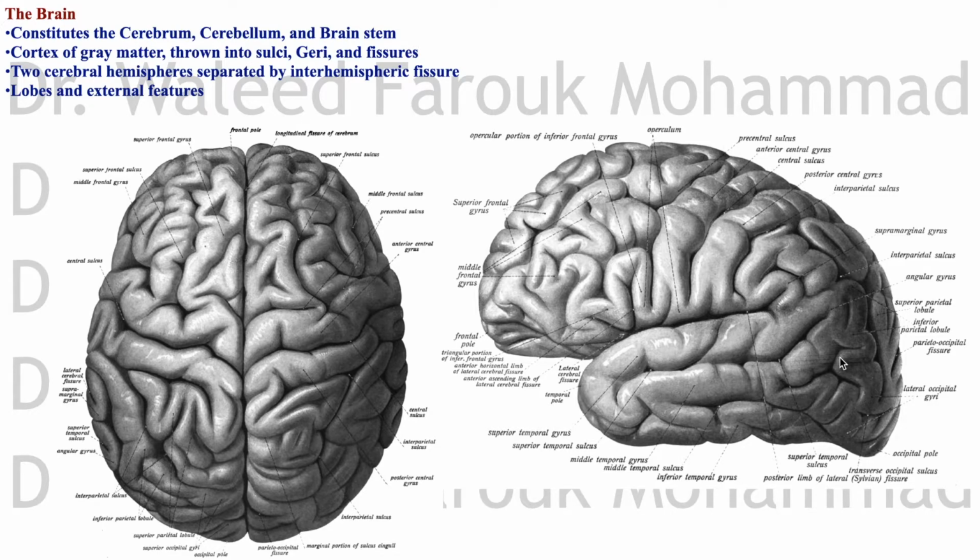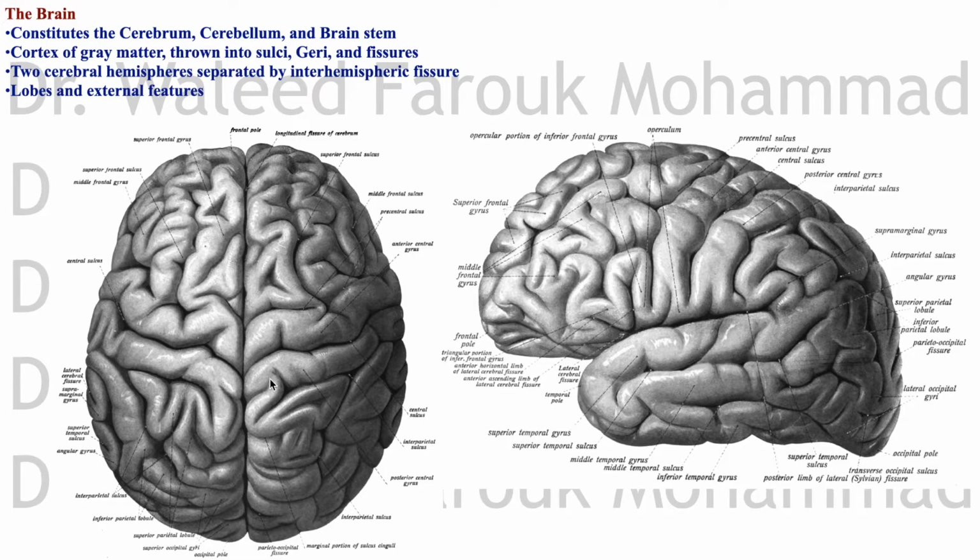Now, this is the superior view of the cerebrum. As you can see, this is the central sulcus. Now you know how to point out the central sulcus. It's the sulcus where in front and behind are complete gyri. So it's easily identified on the superolateral surface of the brain.